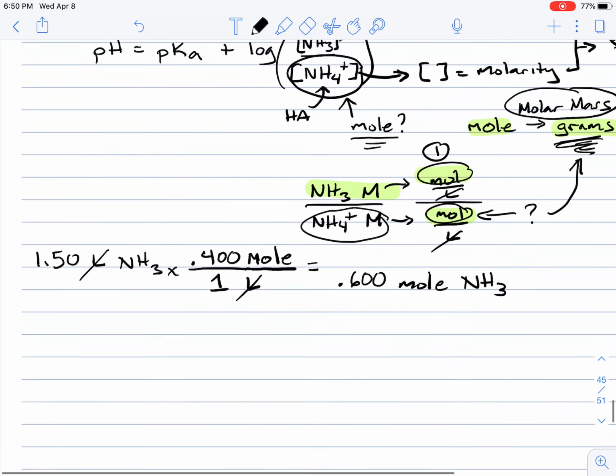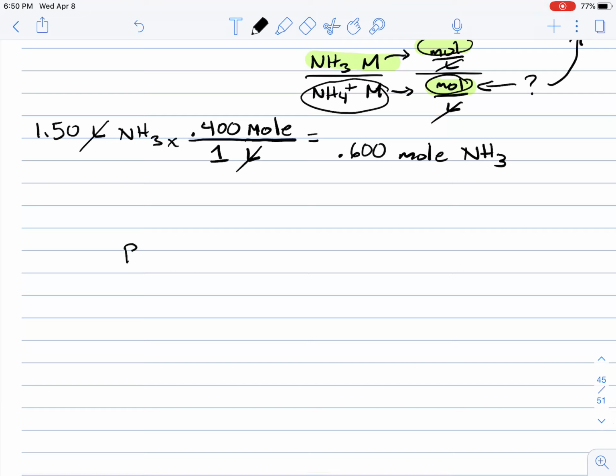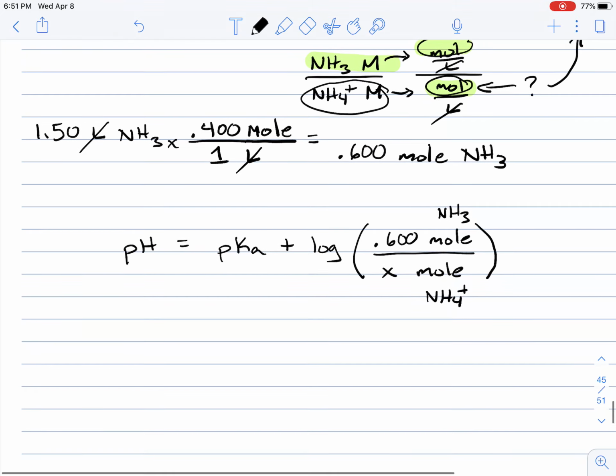Okay. And so if I'm going to rewrite the Henderson-Hasselbalch equation, I'm going to put that 0.600 moles in the numerator, and that is for ammonia. And what we're trying to figure out is the number of moles of ammonium. Okay.